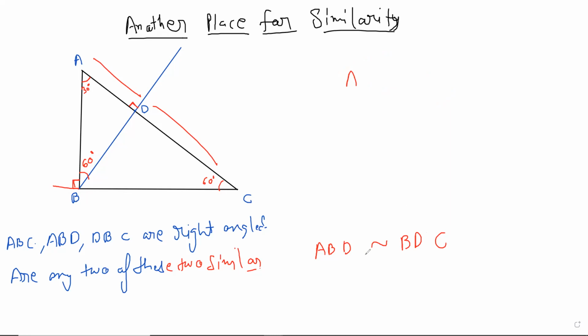Sorry, what was the last thing? ABD is similar to B, C. Oh, C, sorry. Okay, you're saying BCD. Let's see. Maybe your earlier one was correct, but let's see.